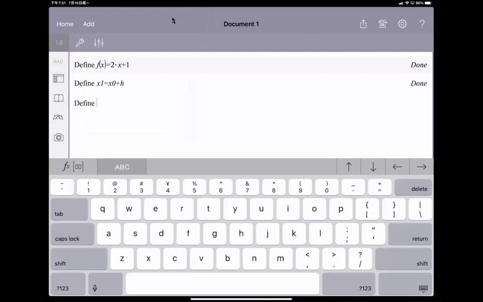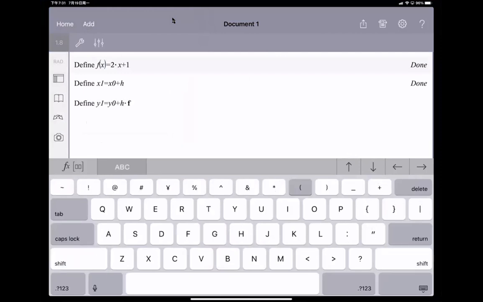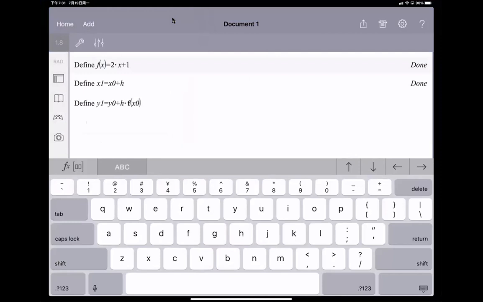Define y1 is y0 plus h times f of x0. Okay, so y2 equals y1 plus h times f of x1.